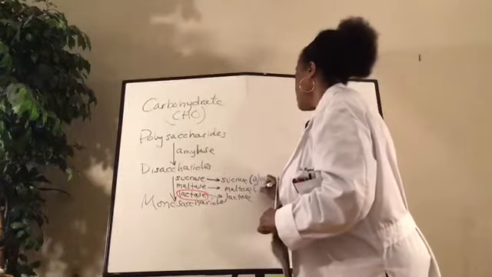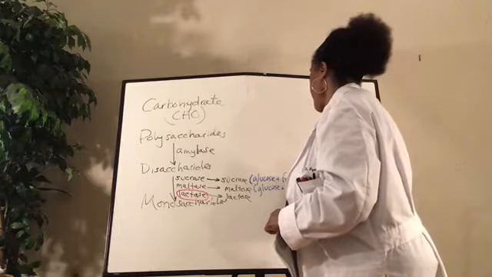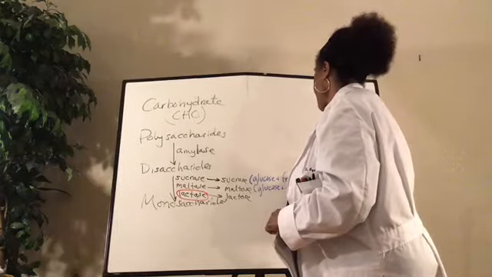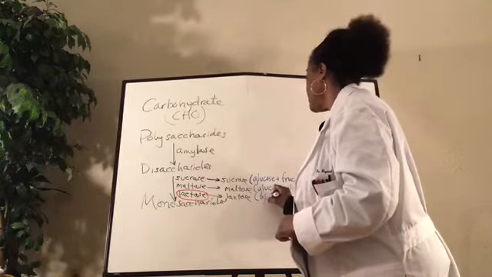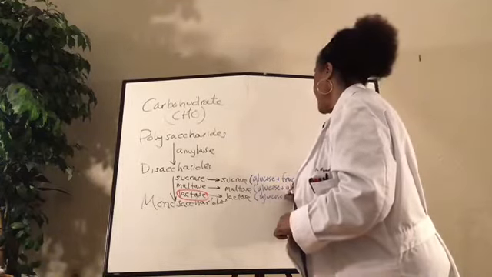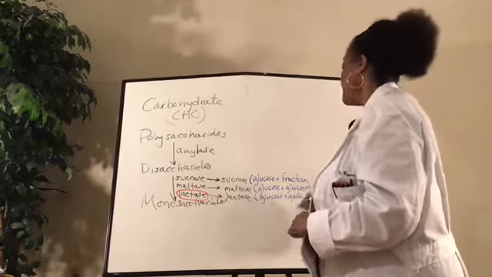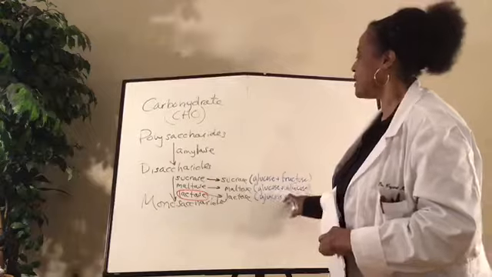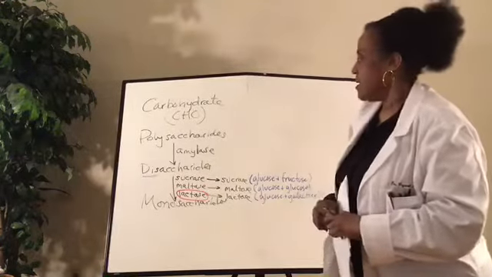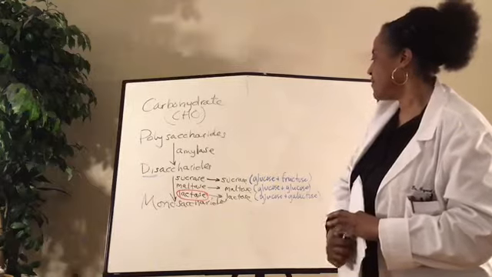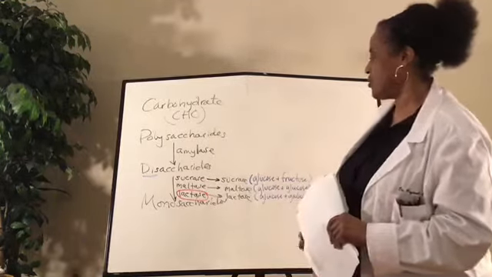Maltose is made up of glucose and glucose, just the way they're bound together. And then lactose is made up of glucose and galactose. Okay? You can see there are two sugars. These are disaccharides because that means two. And these are the enzymes that are needed to break up these two sugars.